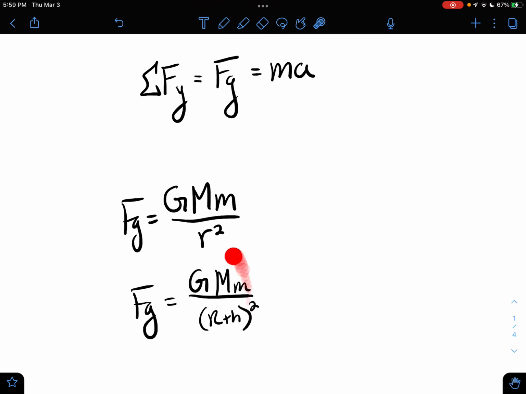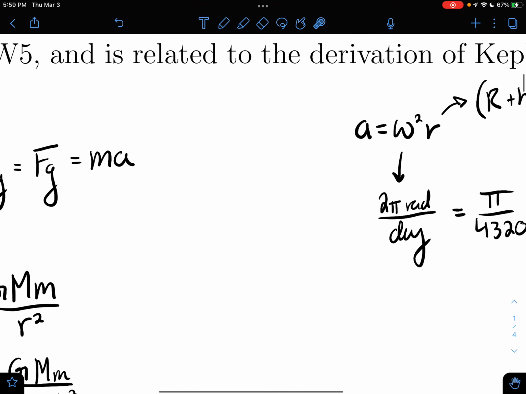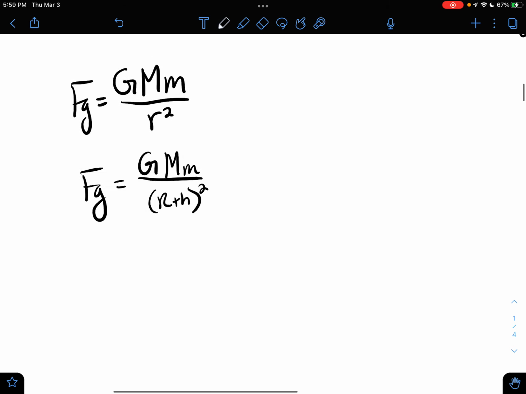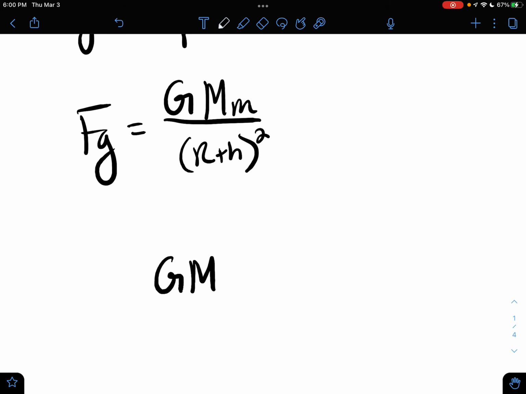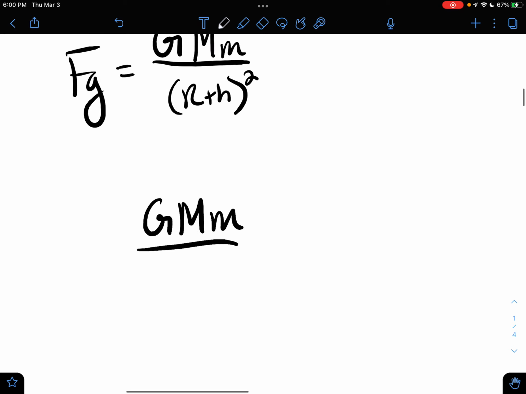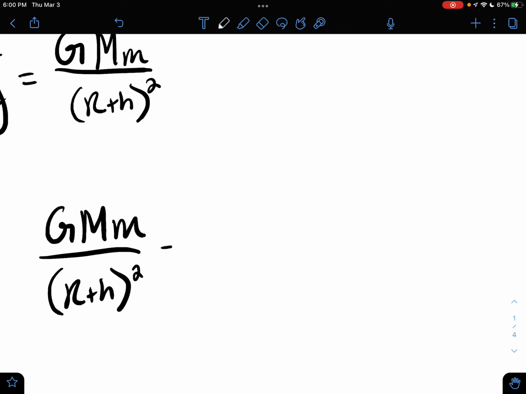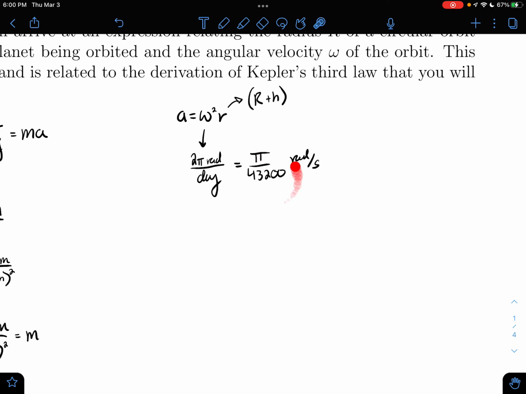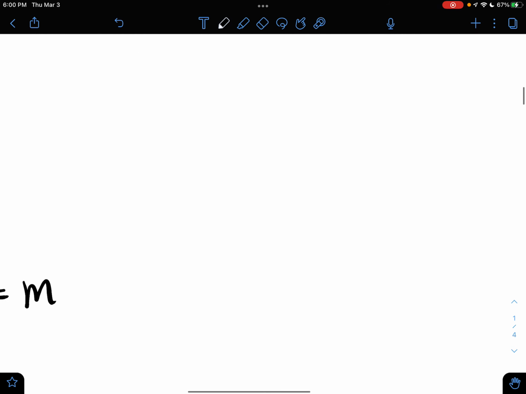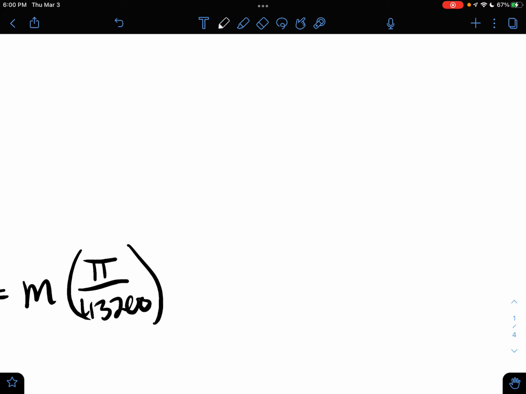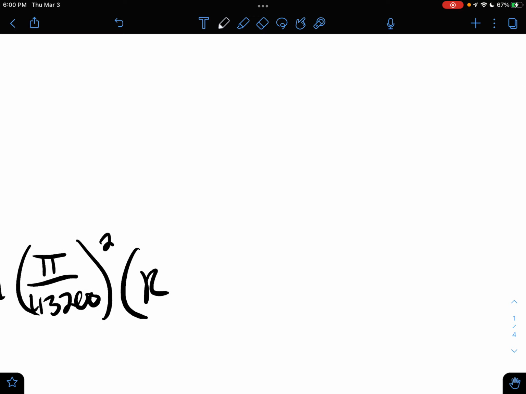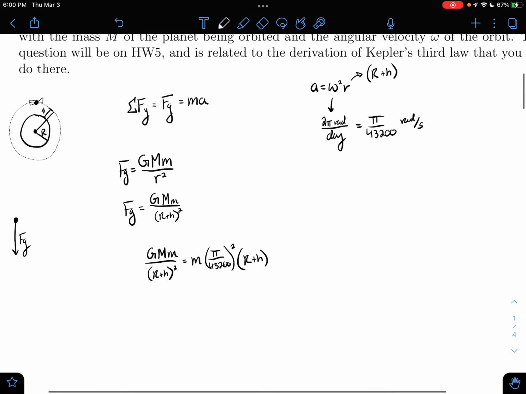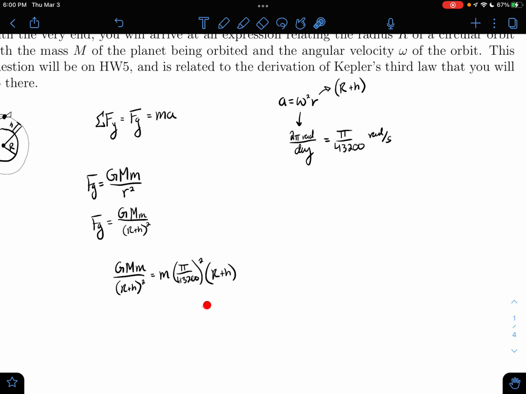Now if I plug this into my equation up here, plugging in for Fg, we have G, big M, little m, the mass of the Earth times the mass of the satellite, over R plus h, all squared, equals mass times our acceleration, which we said was pi over 43200, that's omega, squared, times our r, which was the radius of the Earth plus h.